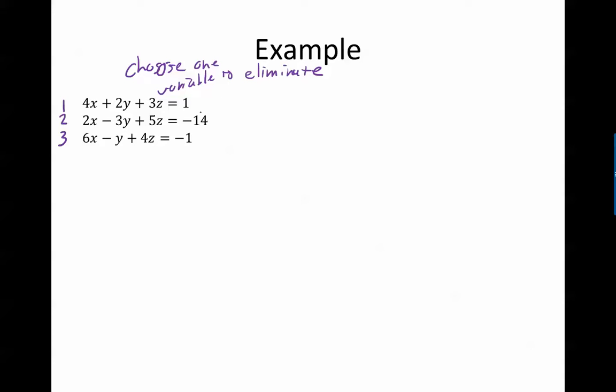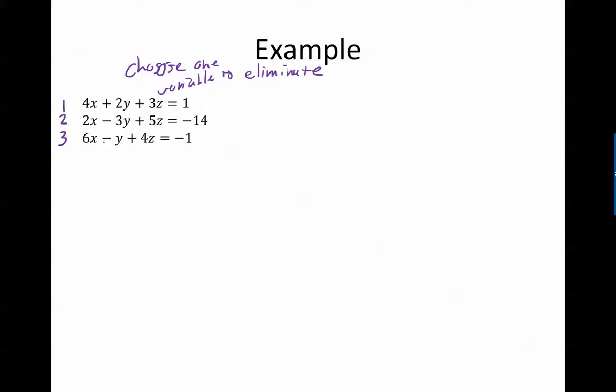All right. So I want to look through these, and I want to decide which one of these is the most easy to eliminate. And we're using that same method that we did before, by making things the same number and opposite. So x's don't look too bad, right?